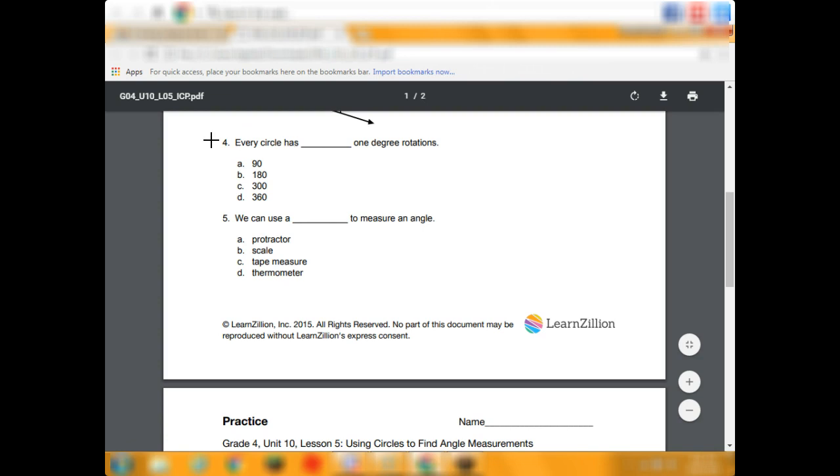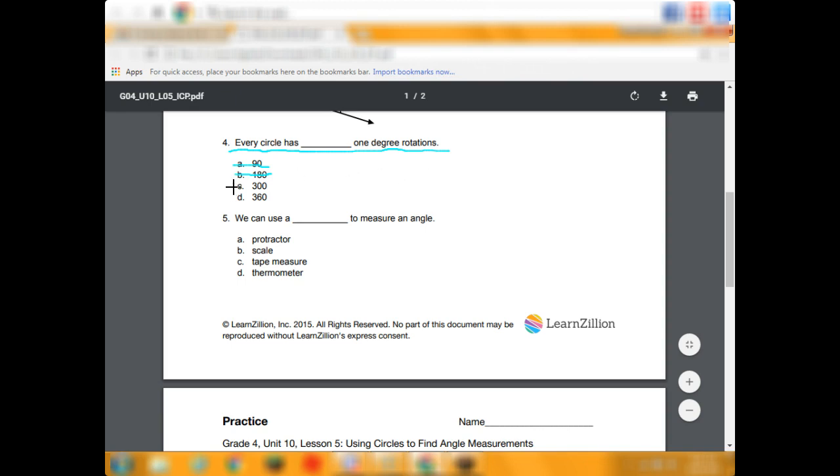So let's use our handy help of Draw and Zoom once again. Every circle has blank 1 degree rotations. So we've seen 90, which is a right angle. So that's out of the picture. B, as we just saw, a line is 180 degrees.